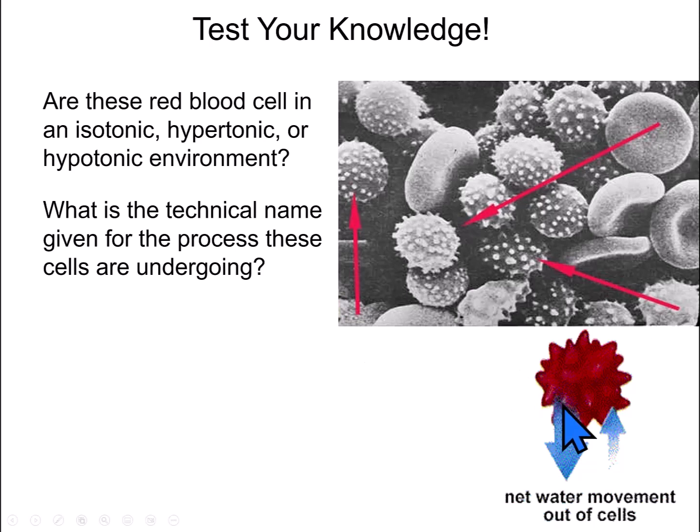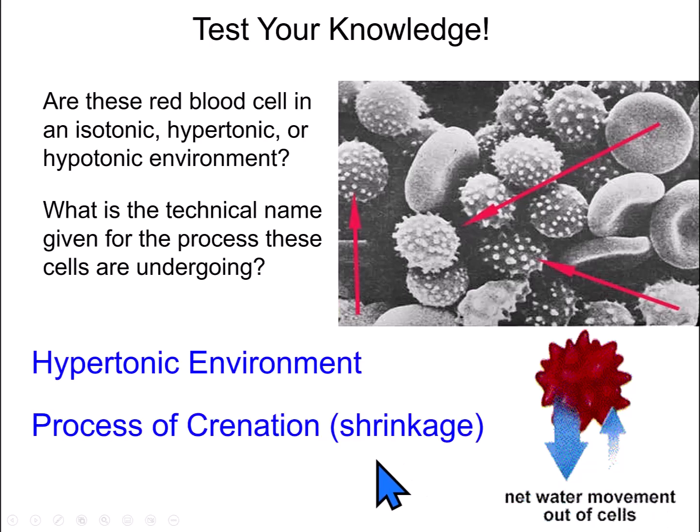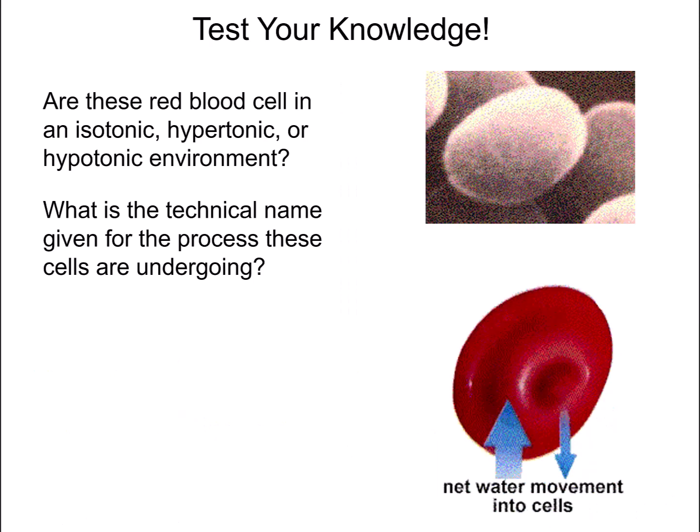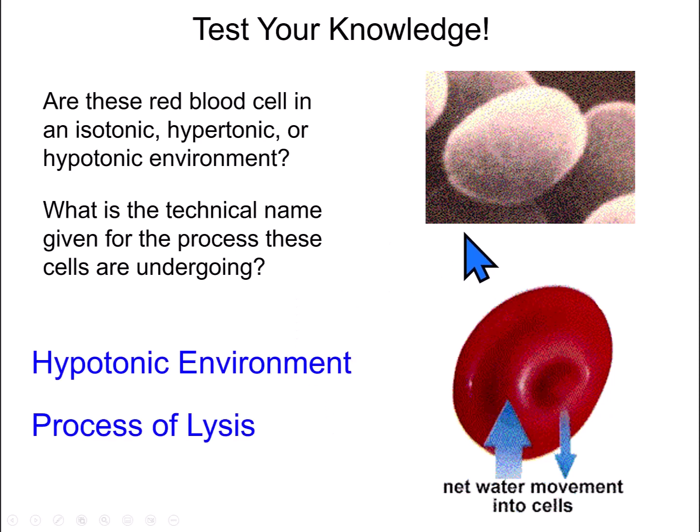We see a larger arrow, water moving out than in, so these cells must be in a hypertonic environment, and we call this shrinkage of the cell crenation. Here's another example. Is this red blood cell in a hyper, iso, or hypotonic environment? And give the technical name for this process it's undergoing as it swells. Well, this cell's in a hypotonic environment, and the process is called lysis.